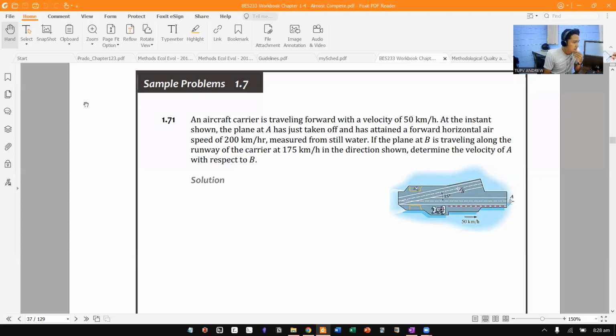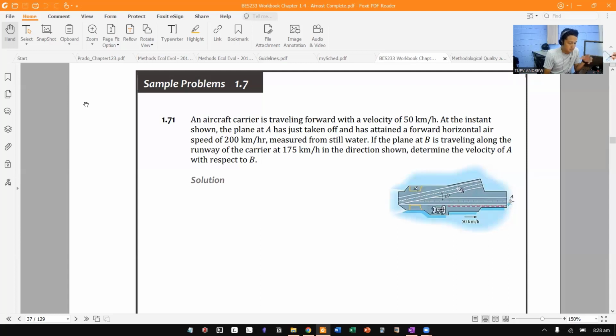Let's identify the given. First, an aircraft carrier is traveling forward with a velocity of 50 km per hour. It's not explicit whether it is absolute or relative, so it is traveling with respect to the water.